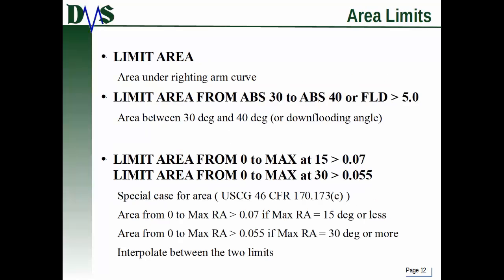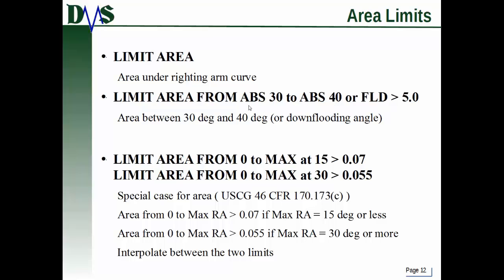Right. Now, switching away from angles onto areas. You'll see a lot of regulations will talk about areas, especially when we're talking about things like energy concerns, making sure there's enough stability energy in a vessel. And that's where the area comes up a lot. So an example for this would be limit area from absolute 30 to absolute 40 or flood.